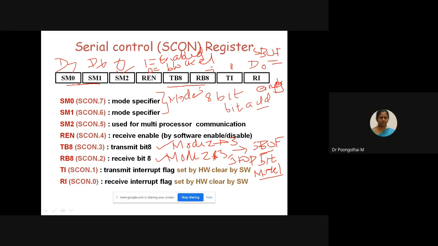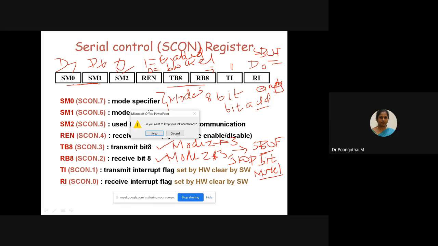So TI indicates that SBUF is empty, RI indicates that SBUF is full. Based on that, your microcontroller either places data into the SBUF register or picks data from the SBUF register. Do you understand that?